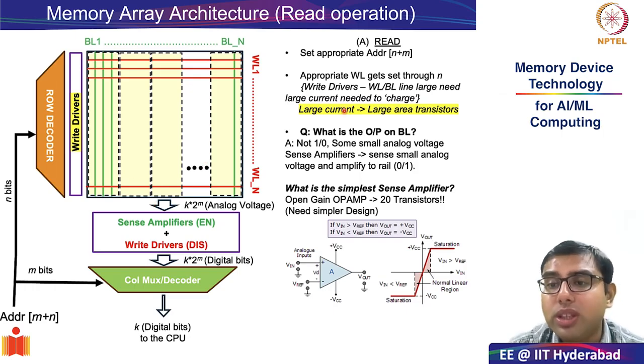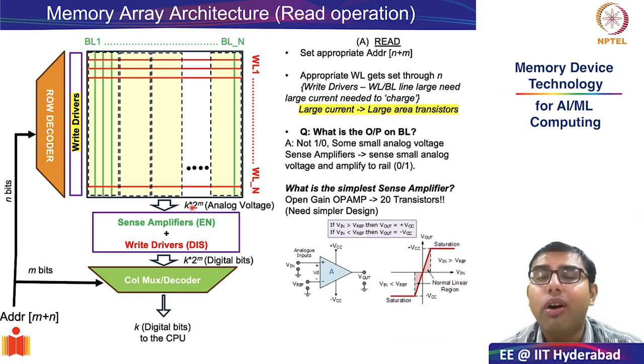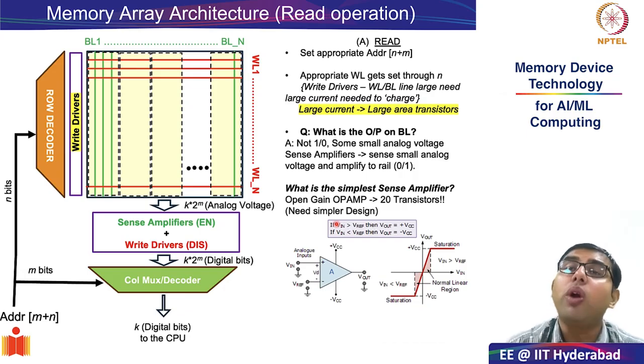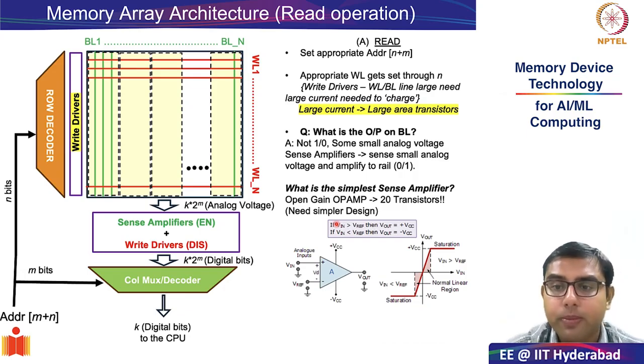If you start using 20 transistors for a sense amplifier for each of the k into 2 to the power of m lines, your peripheral circuitry comprising your sense amplifiers will become very, very large, and therefore you need a simpler design, and that is what we will look at in the next class.